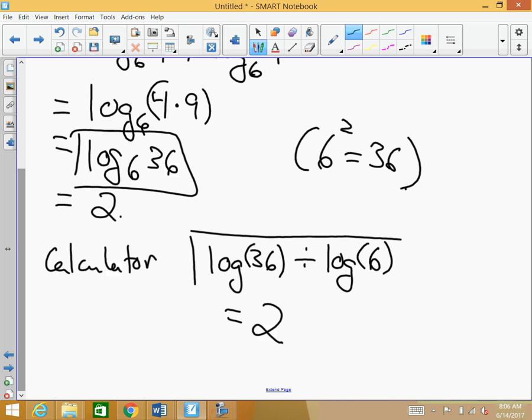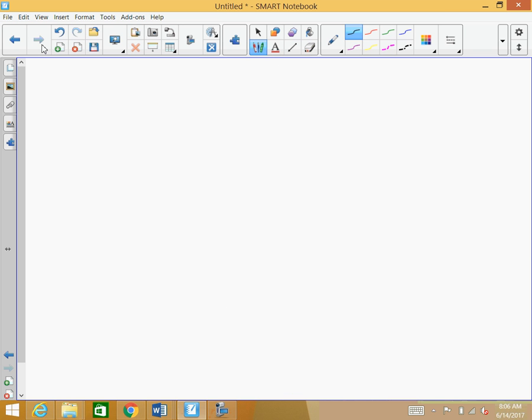So if you have just log in your calculator, you can split this up into division, which is essentially log 36 over log 6. And that's how we can calculate it directly using our calculators if we get something more difficult than this. Now, moving on, we have our quotient law.